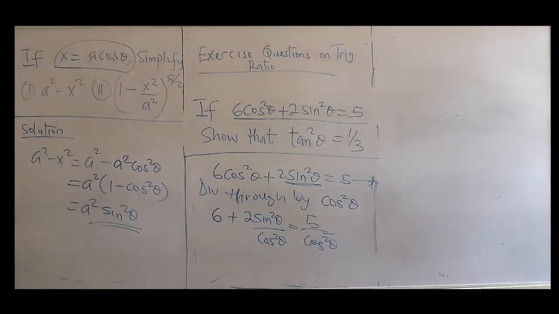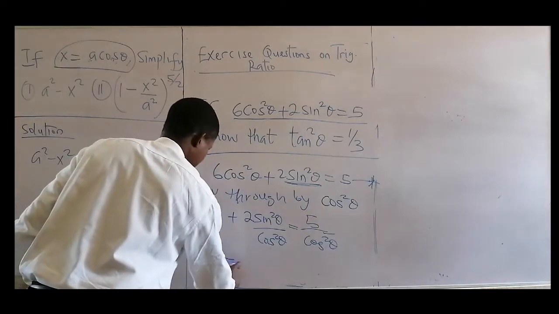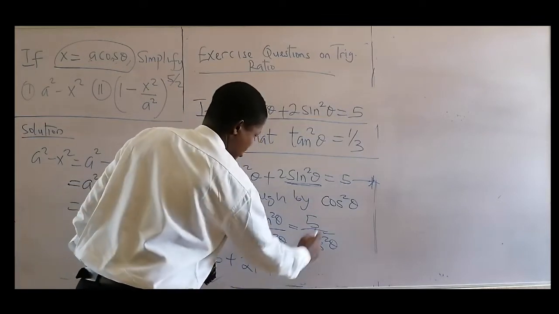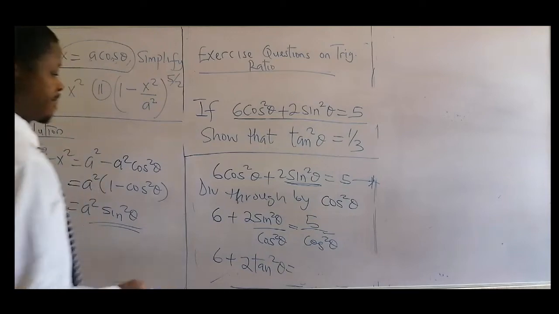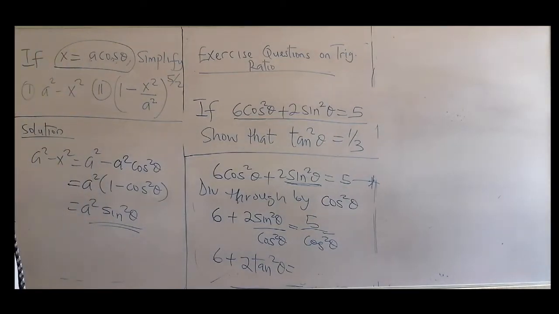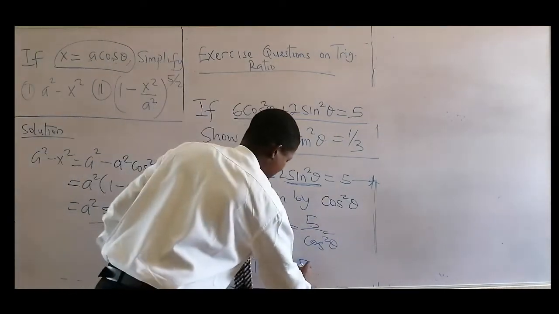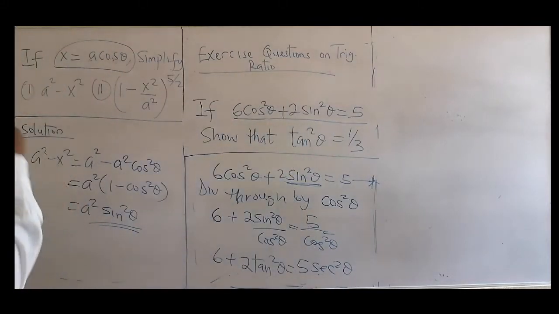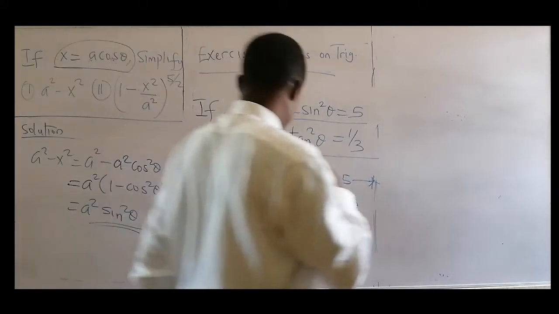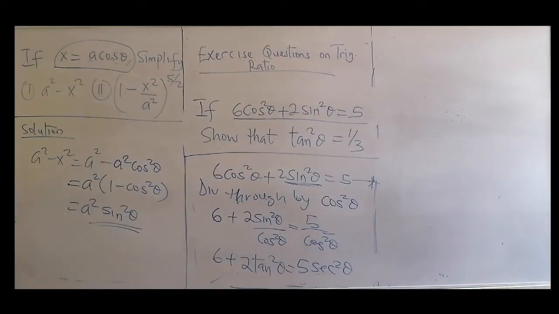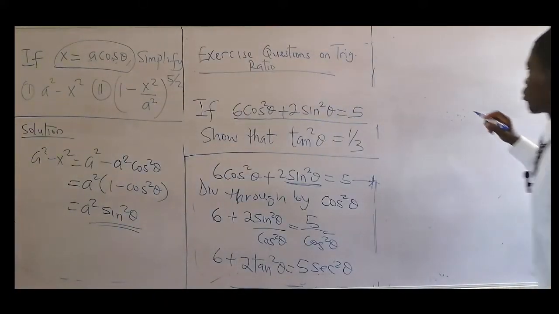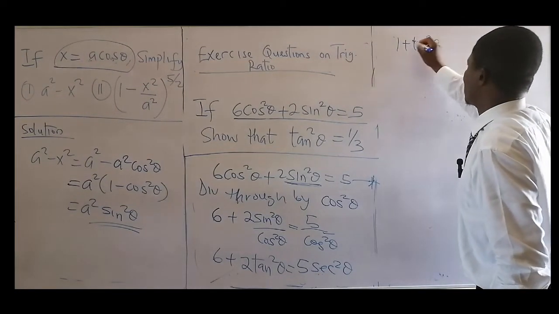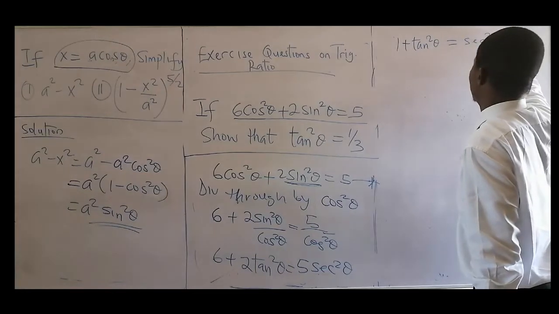Okay, so by so doing, I have 6 plus 2 tan squared theta equal to this one over cos, which is sec, so that'll be 5 sec squared theta. Then don't forget that we are aware that 1 plus tan squared theta is sec squared theta.